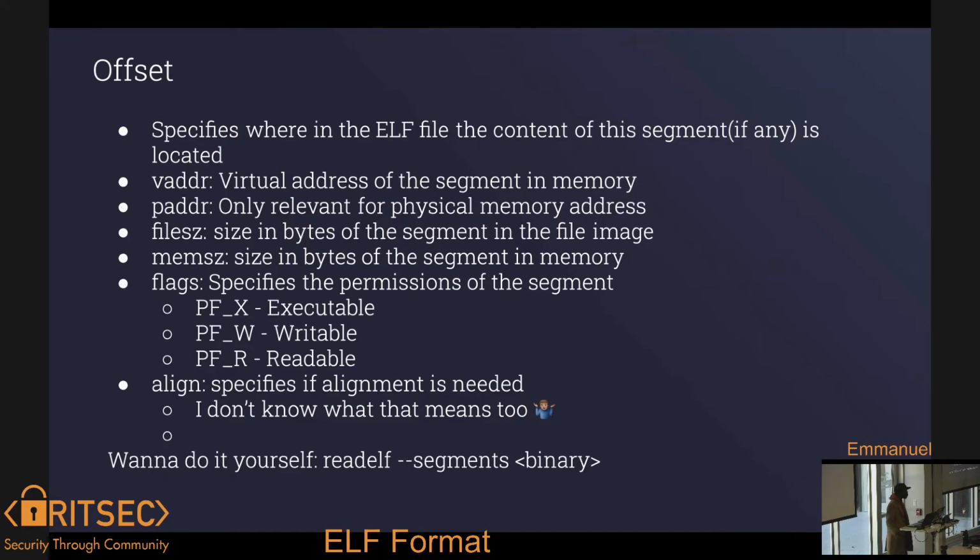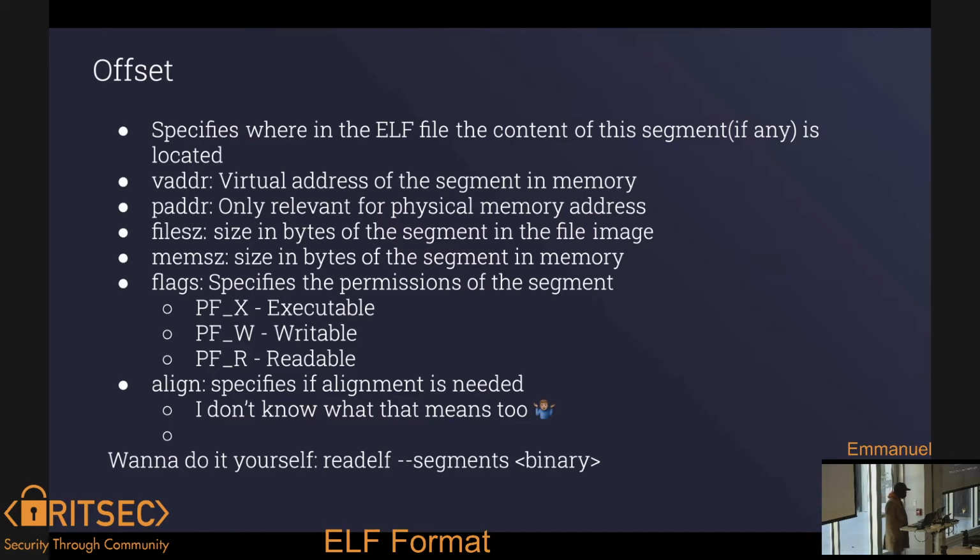Next is p_filesz, which is the size in bytes of the segment. And the next one, p_memsz, is just the size of the segment in memory. Same thing, just one is in memory and the other is in the file image.